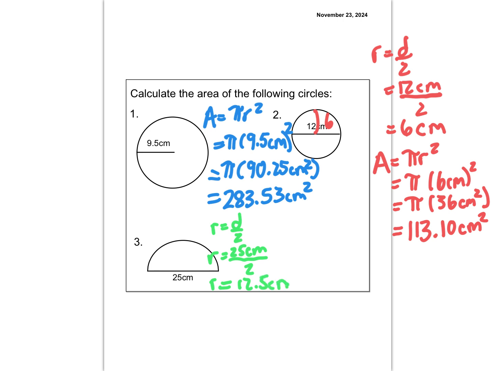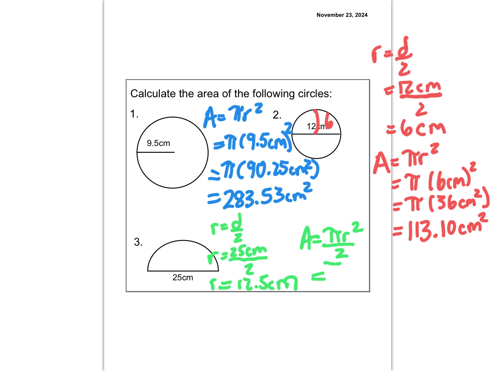So that helps me, okay? The other thing is this is a semicircle, so my formula is going to change. A equals pi r squared, but it's a semicircle, so I'll find the whole thing and divide by 2 to get half. So it's only one more step at the end.